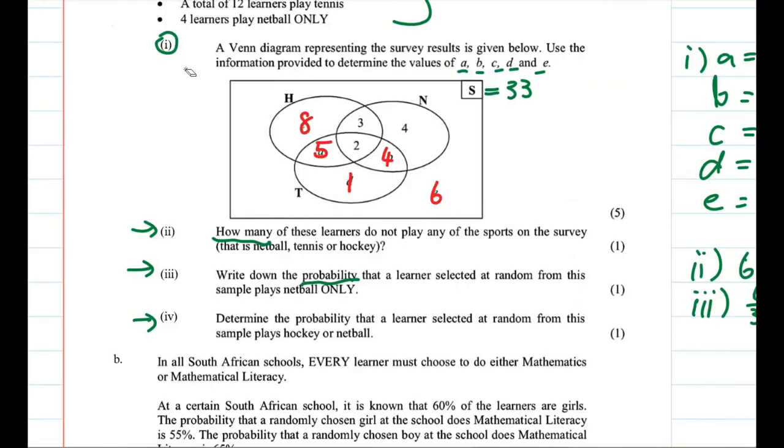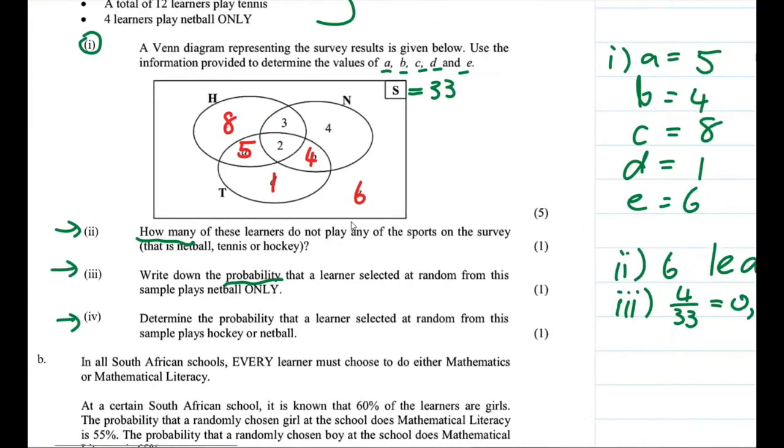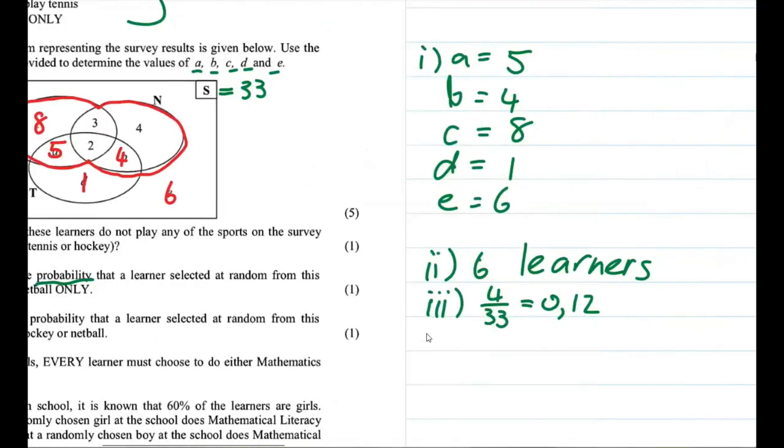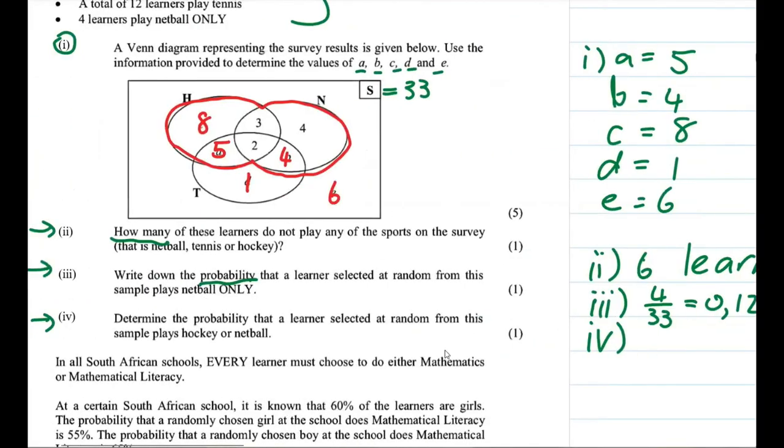Now, at number 4, determine the probability that a learner selected at random from the sample plays hockey or netball. Now, how much is that? Is it 8 plus 5 plus 3 plus 2 plus 4 plus 4? Yes, this is hockey or netball, all of that inside of that.